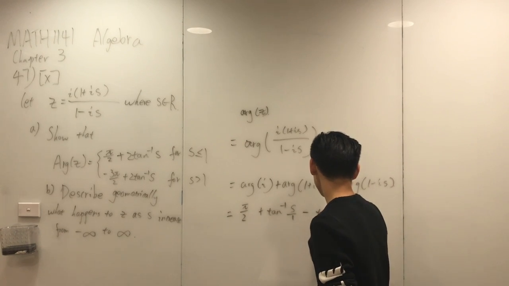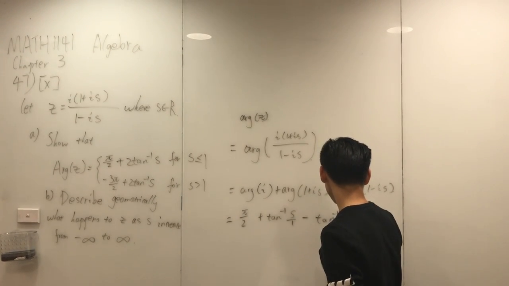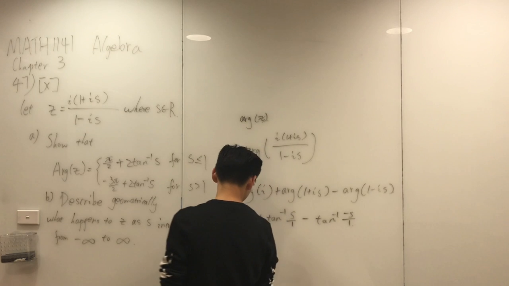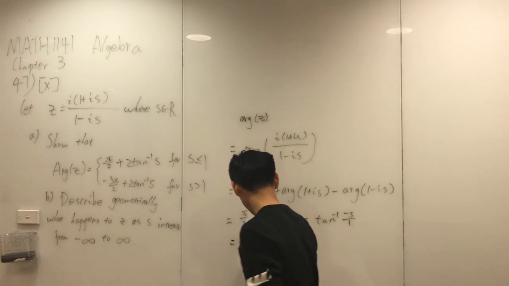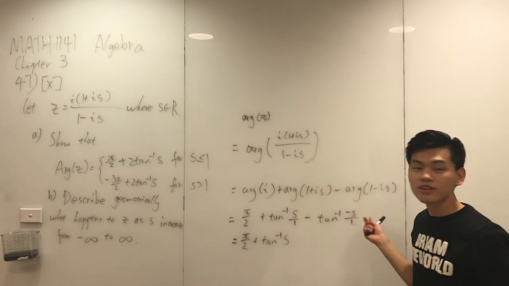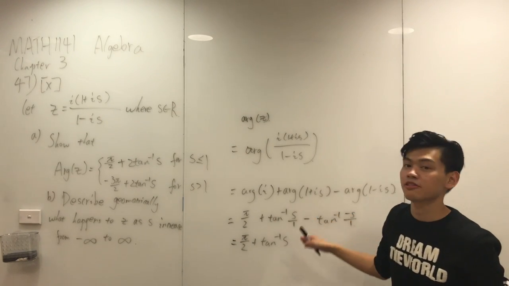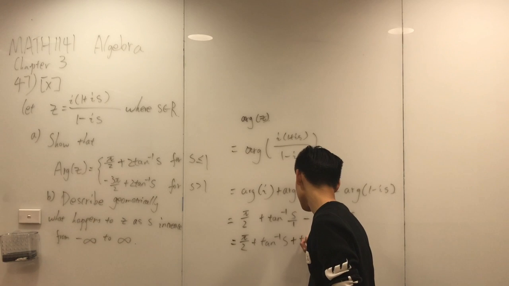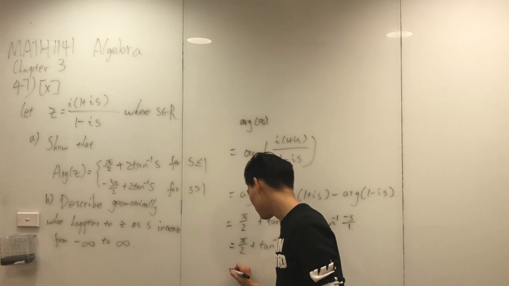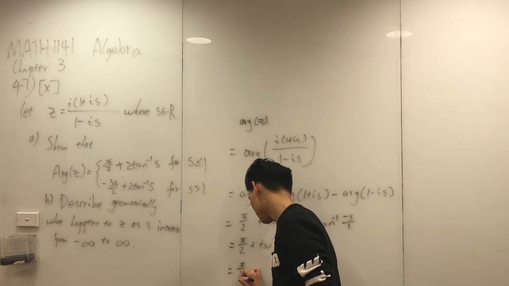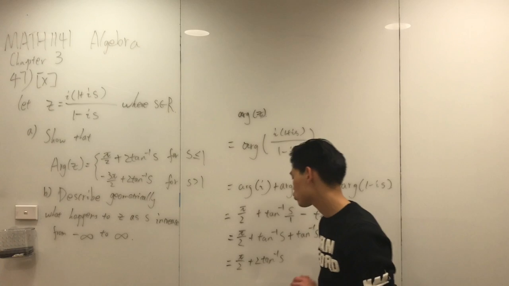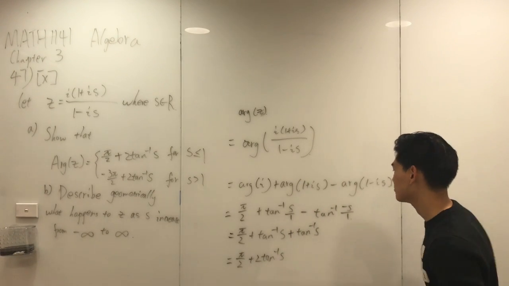So minus inverse tan of negative s divided by 1. Because inverse tan is an odd function, we can put a negative in front. We can write it as plus inverse tan s, and tidy it up. We get pi/2 plus 2 inverse tan s.